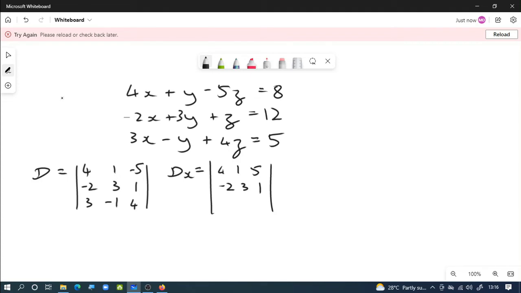We copy the same matrix of coefficients, and for dx you replace 4, minus 2 and 3 with the constants of the right-hand side, 8, 12 and 5. The same thing is done for the y and the z.